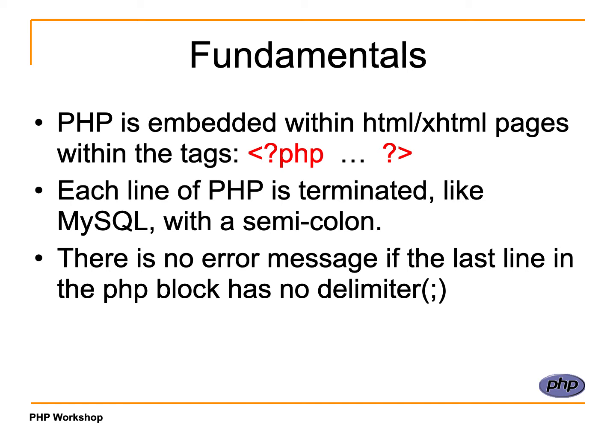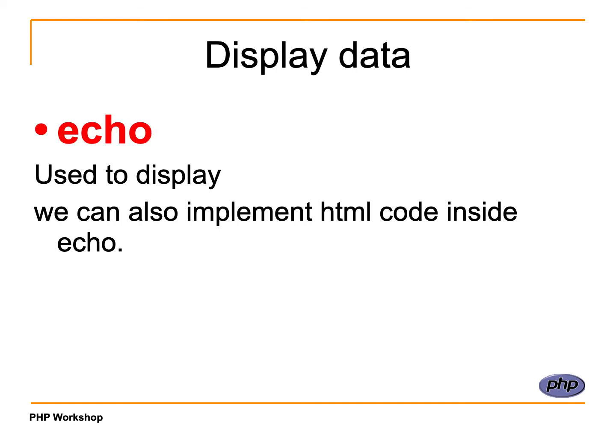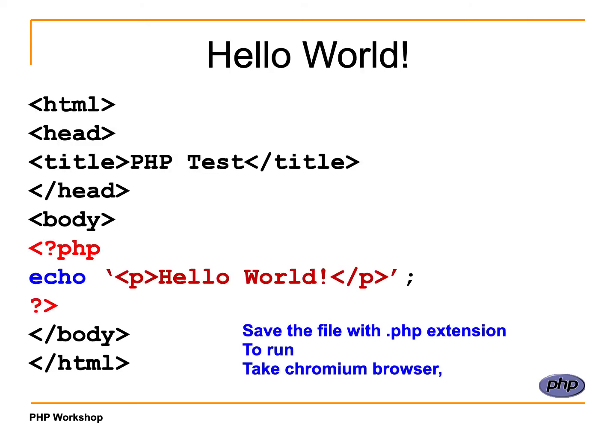Now we will see some of the commands in PHP. Echo is used for displaying some information. So display data. Echo is the command used to display the message. We can also implement HTML code inside echo. One example is there that we will see. HTML head, title, then body.